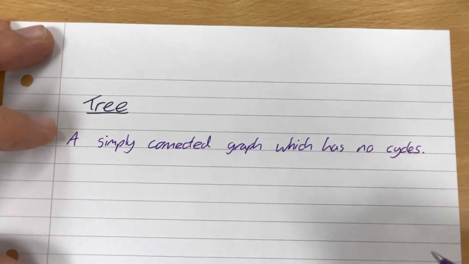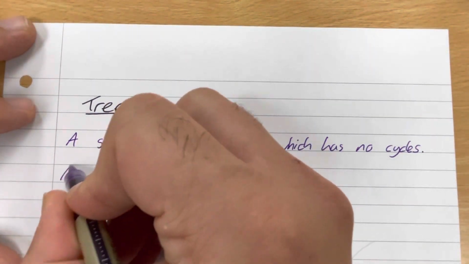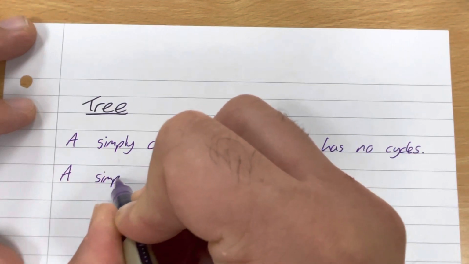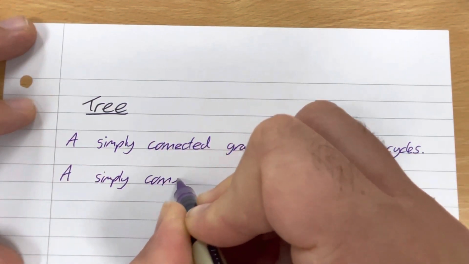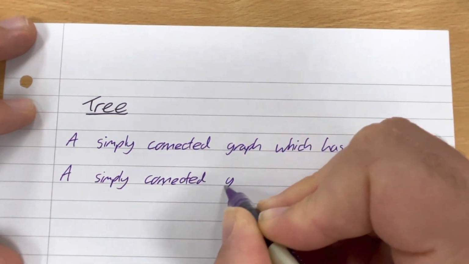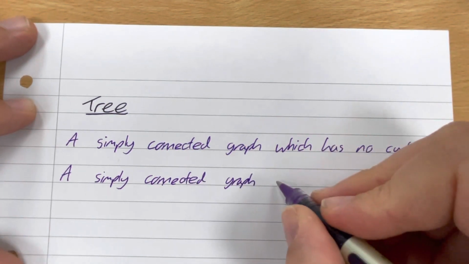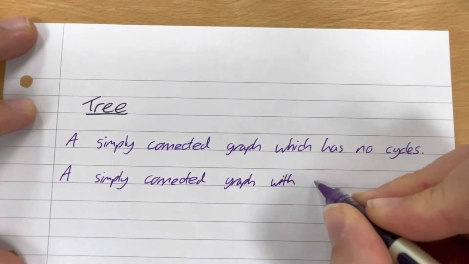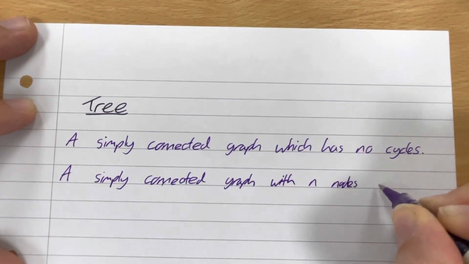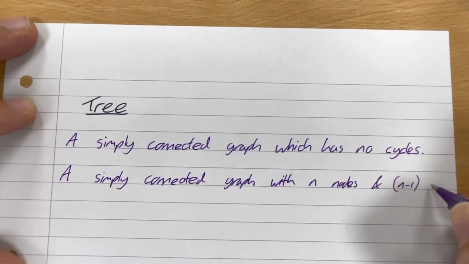Okay, a simply connected graph which has no cycles, or you could define it as a simply connected graph with n nodes and n minus 1 arcs. Okay.